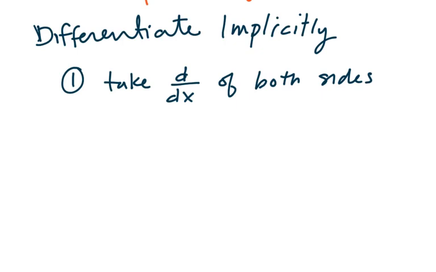Okay? So when we do that, an example like d dx of 3x squared is 6x.